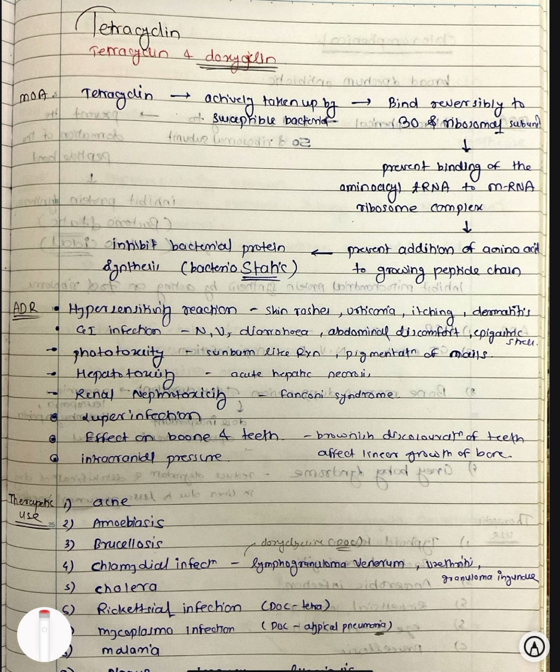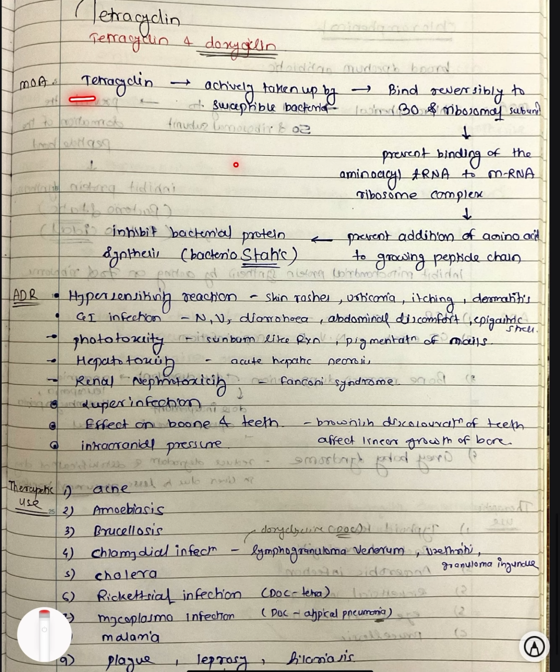The mechanism of action of the tetracycline is very much similar to the aminoglycoside. When taken in the body, it is actively taken up by the susceptible bacteria, and it goes into the bacterial cell, and after going into the cell, it will reversibly bind to the 30S ribosomal subunit.